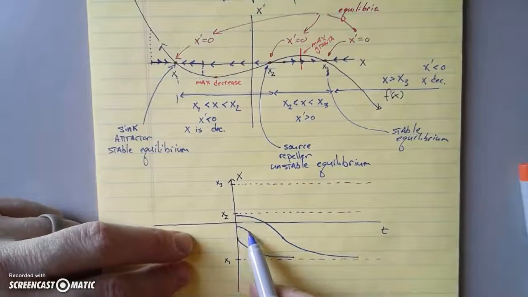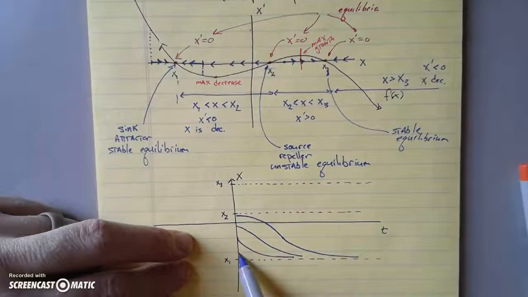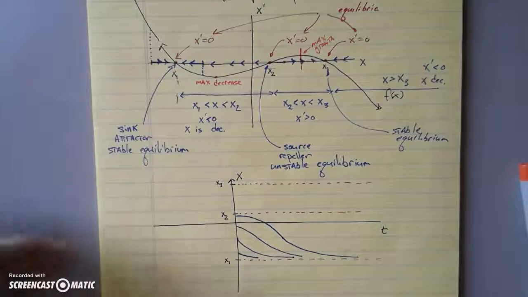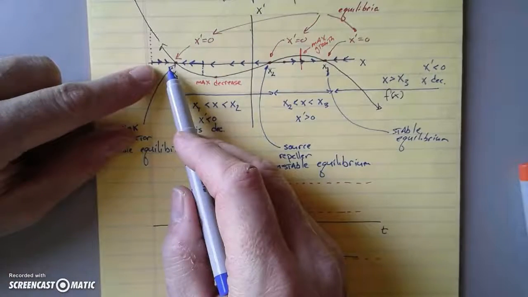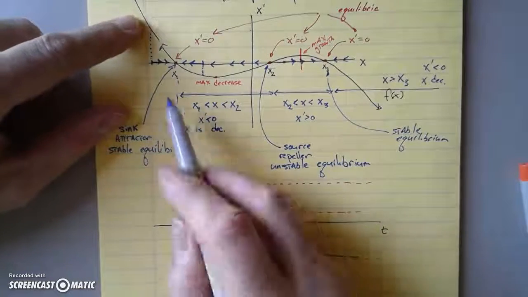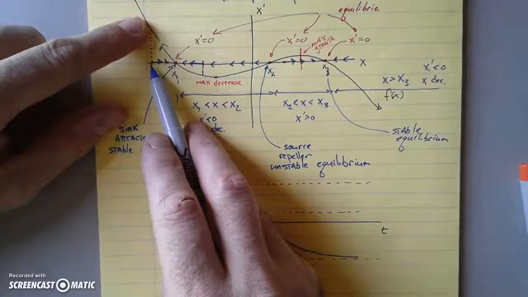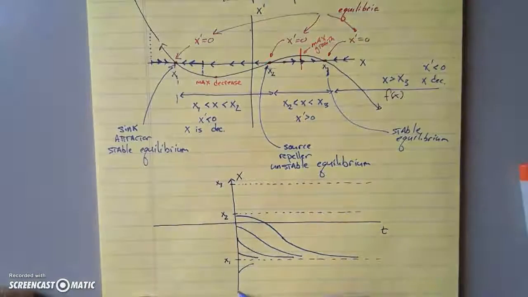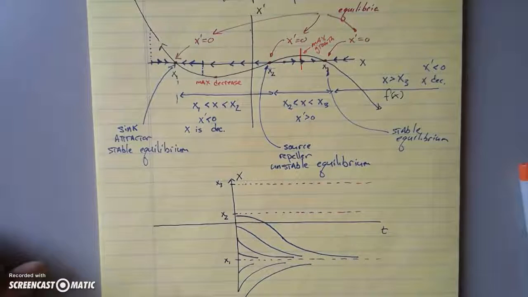And we can draw a couple more curves here. So here are some sample curves. If I am to the left of x1, then my slope is going to be positive because I'm increasing, and I'm just increasing less and less. So something like that.